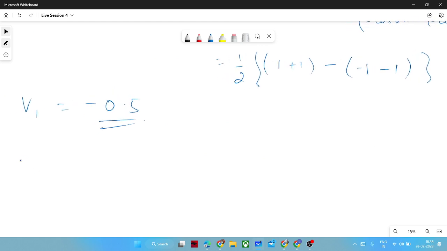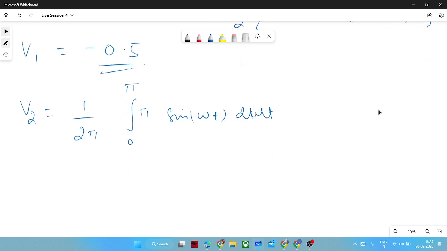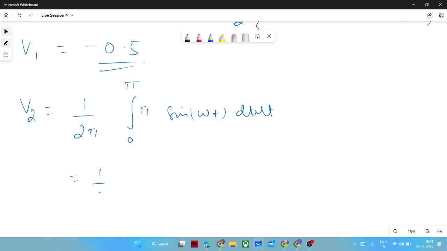Yeah, so moving ahead with V2, let us see what V2 has. V2 is existing only for the positive half cycle. So V2 is from 0 to pi sine omega t d omega t, half minus cos t from 0 to pi.